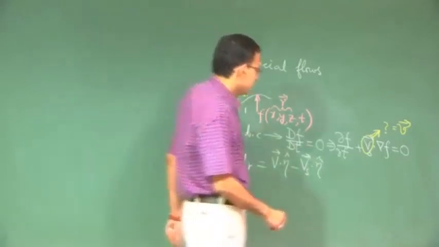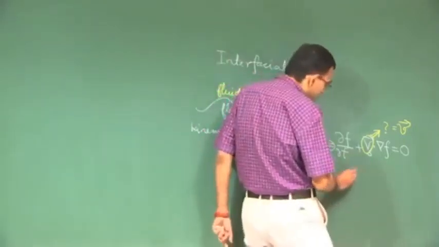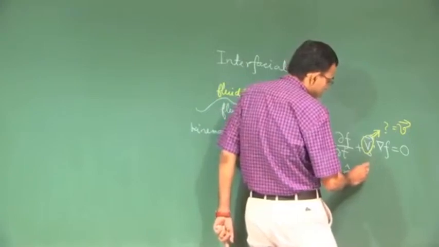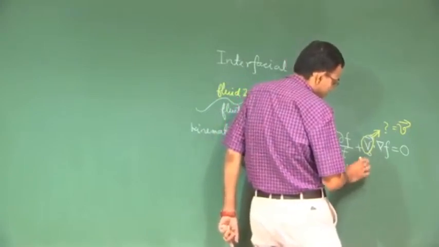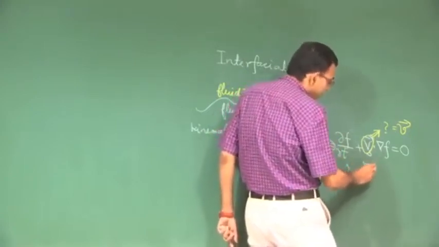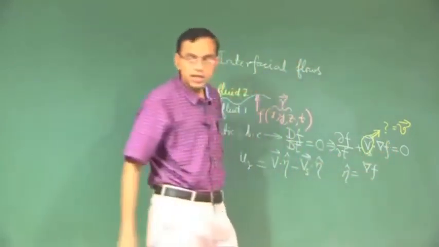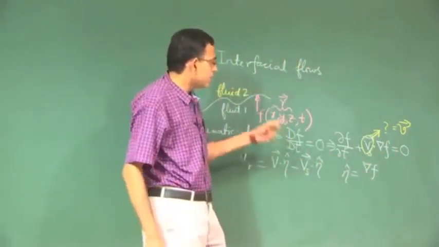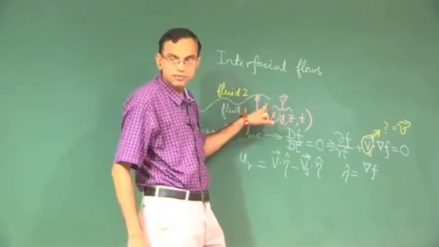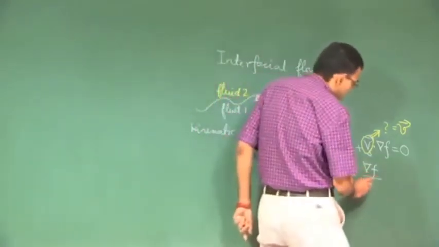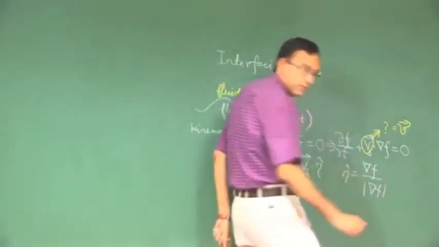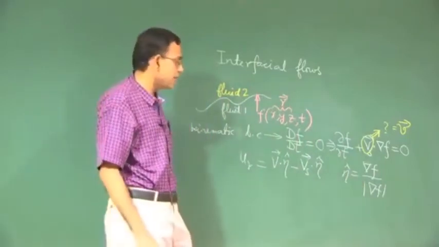And how do you calculate this normal direction? Gradient of f is a vector which is normal to the function f. So, grad f by mod of grad f will give you the normal direction.